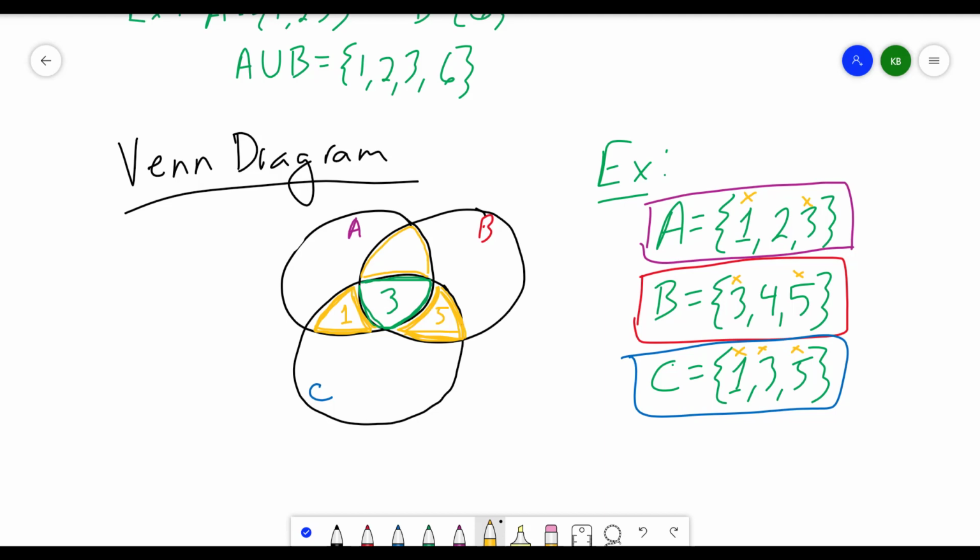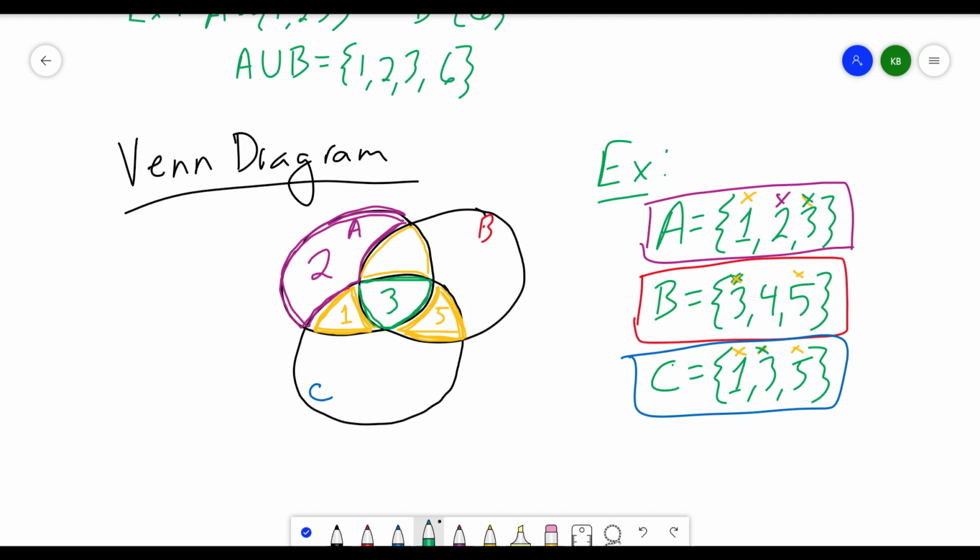Now I go to my outer regions. I have this circle here that's A, but none of the rest of the circles. Does it have any elements that are left in A that are not in the others? It does. It has a 2. So I'll put a 2 there, and I'll mark it as taken care of.